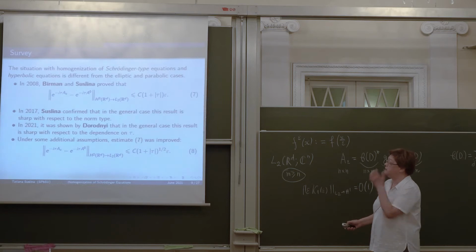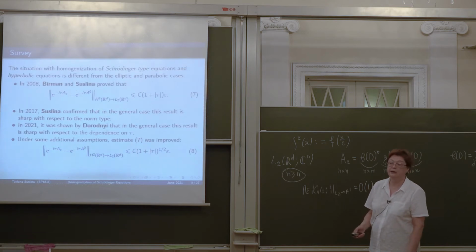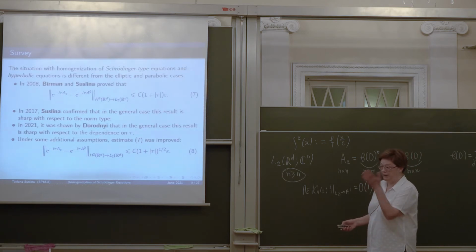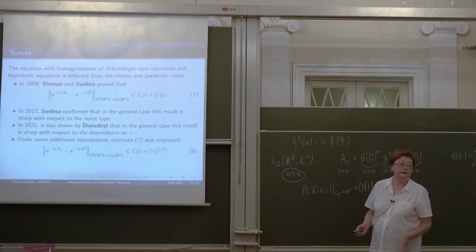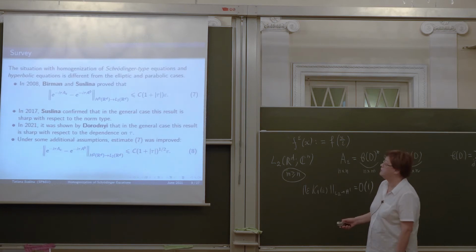However, under some additional assumptions, this estimate 7 can be improved. First, it was improved with respect to the norm type, and recently by Mark, it was improved also with respect to the dependence on time.